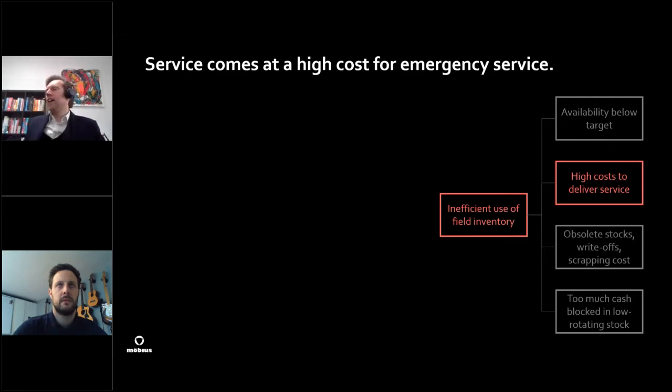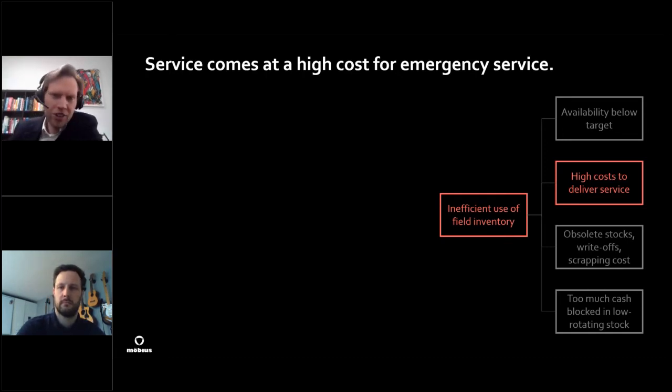So even if we have a lot of cash blocked, leading to investment, leading to write-offs, we still see availability that is not perfect and induced costs related to non-availability. This is typically what we find in terms of symptoms.